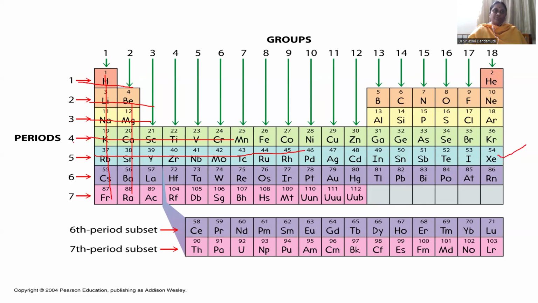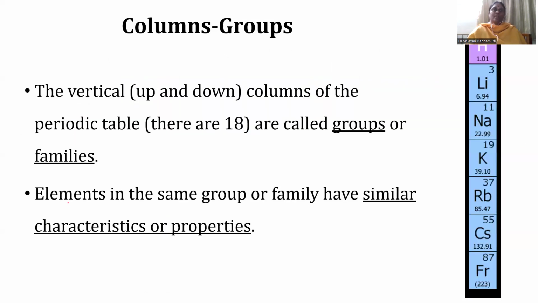See here, 1, 2, 3, 4, 5, 6, 7 periods. So a column is nothing but a vertical column, and it is also called a group or family. In the periodic table, we have 18 groups. And the elements in the same group or same family have the same properties.